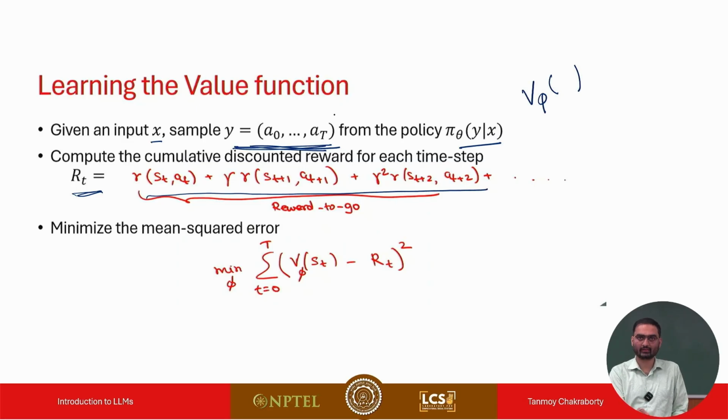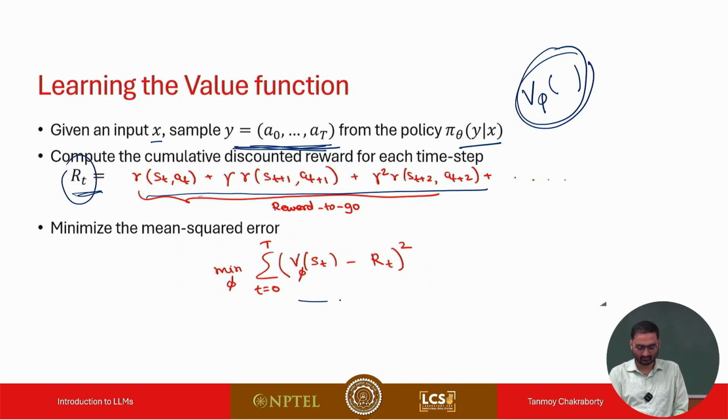The entire response is known to me, and this is called the reward to go. Then my task would be to move this value towards this Rt.